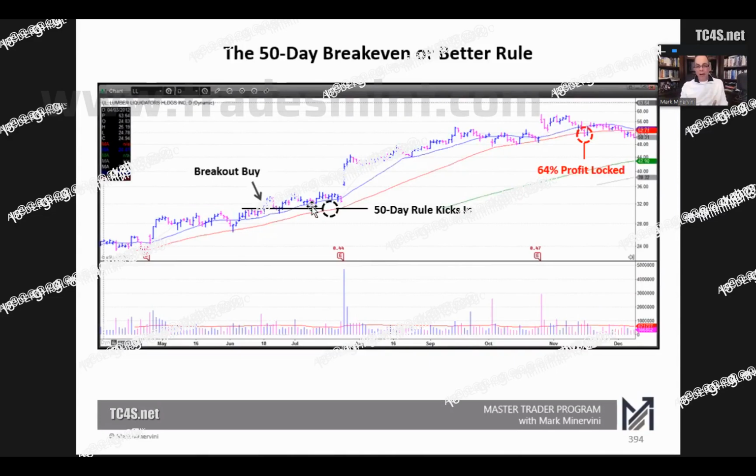But if you have some of these rules, you set your stop, and as the 50-day catches up, you've got that trailing stop. Now it automatically backstops it. It sort of forces you to have a backstop and improve your worst case scenario. It's a forced stop improvement, and then it creates a trailing stop. So now you don't get shaken out on some short-term move, and you're giving it a chance to make a bigger move.